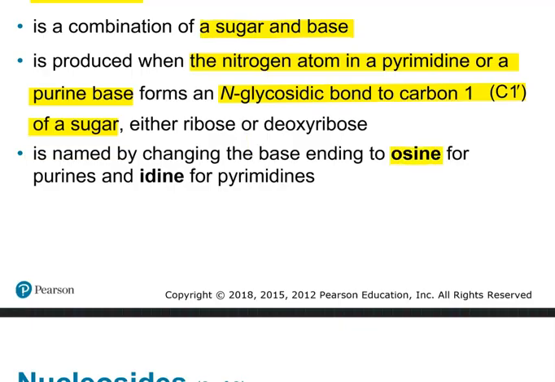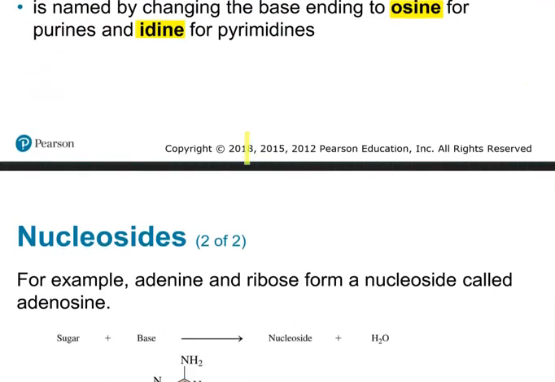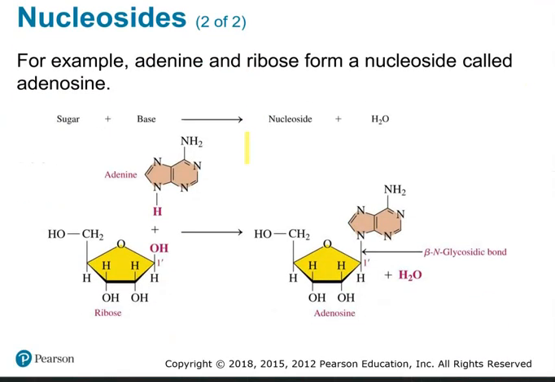If it's a pyrimidine, the first two syllables usually stay, and the ending becomes IDINE. Let me exemplify this. So here you have adenine, you have ribose. This nitrogen loses the hydrogen that was attached to it.